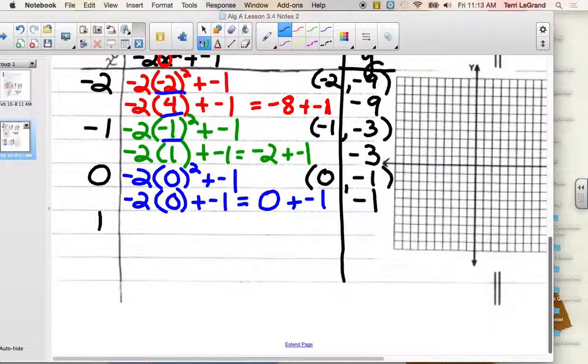We're going to now use +1, and we'll substitute in for x and square it, then add our -1. We do the squaring first. So -2 times 1 squared. What's 1 squared? 1.